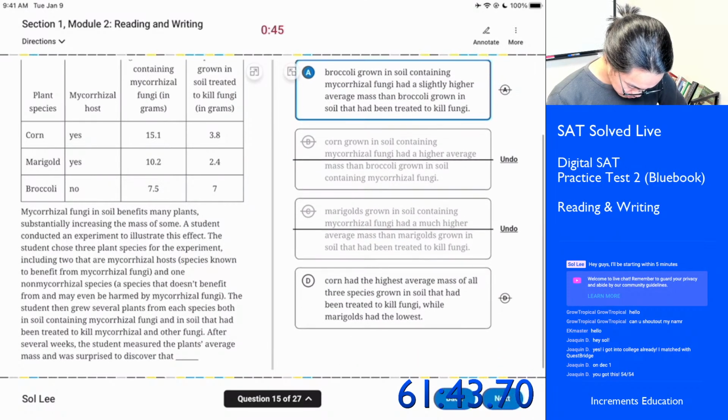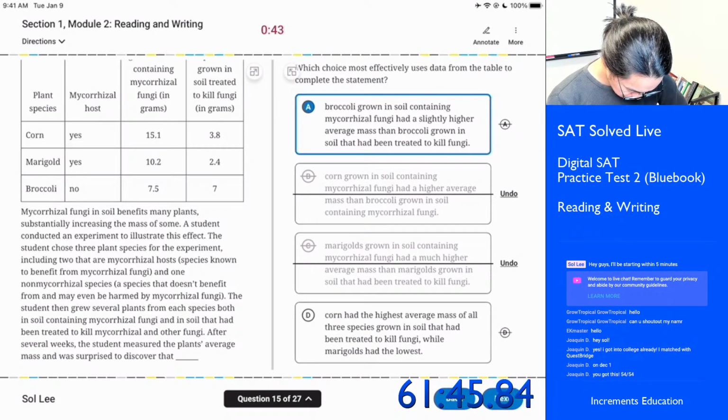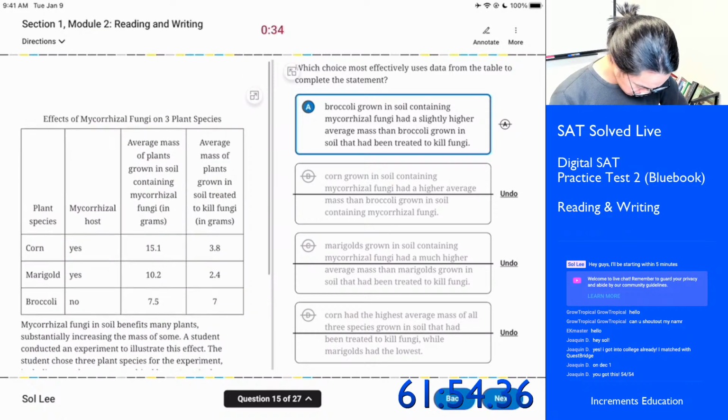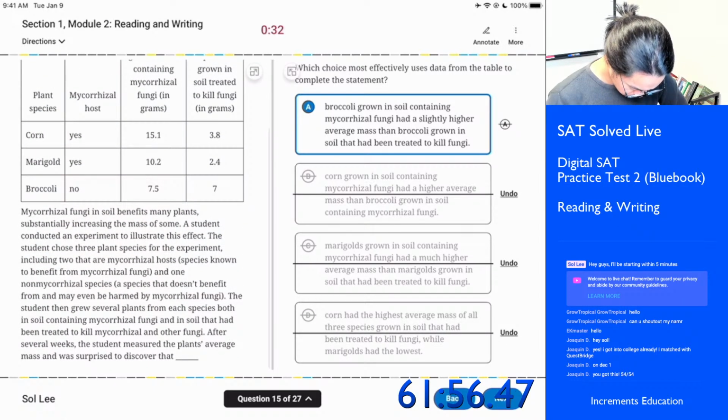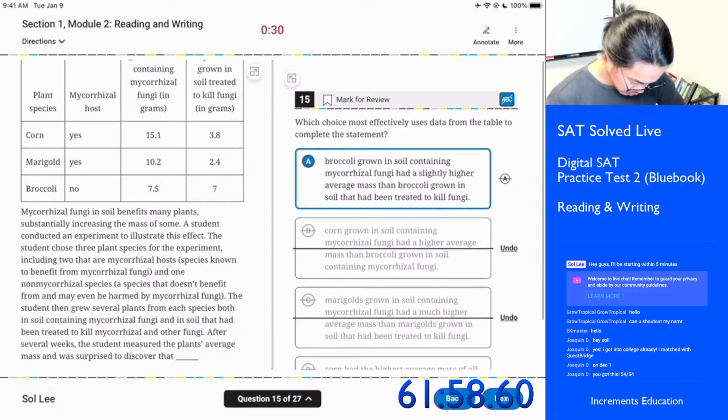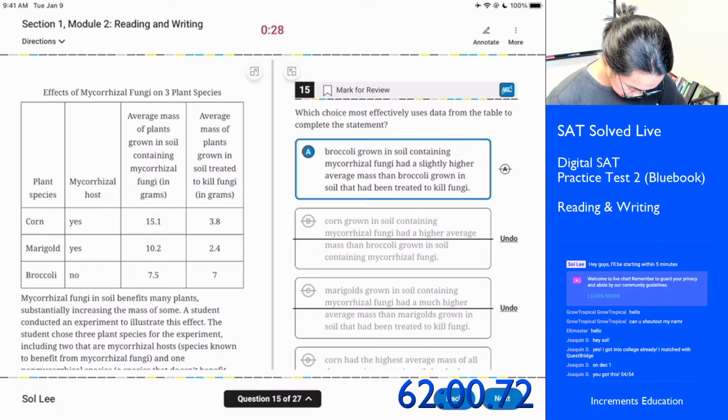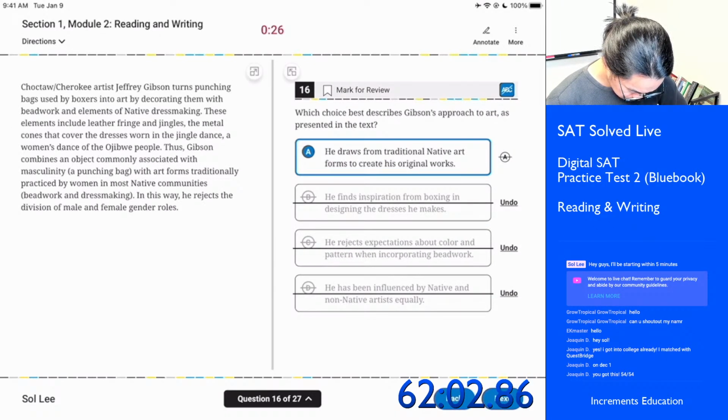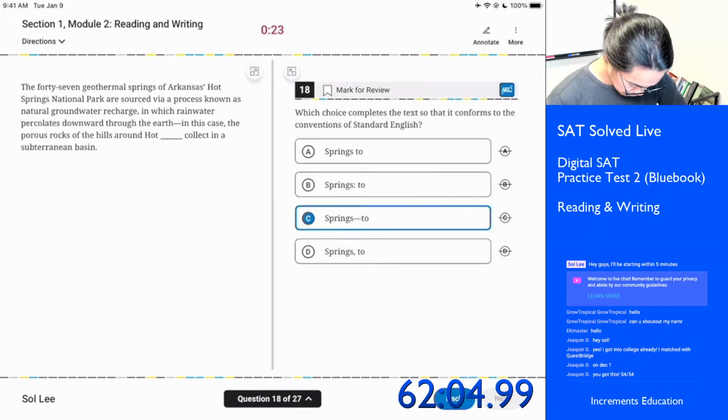Well, that's not surprising. Corn had the highest average mass. That's not even true. Okay, yeah, so that's pretty straightforward. Is there anything else? I guess I could just go through the second half of this.